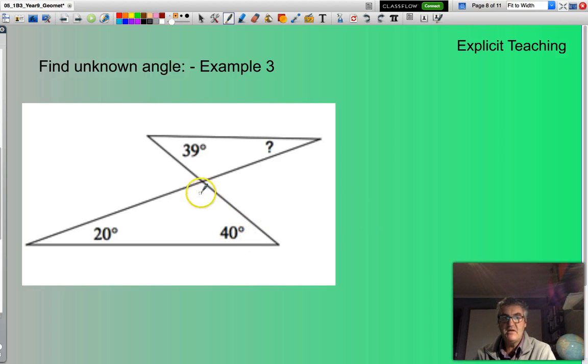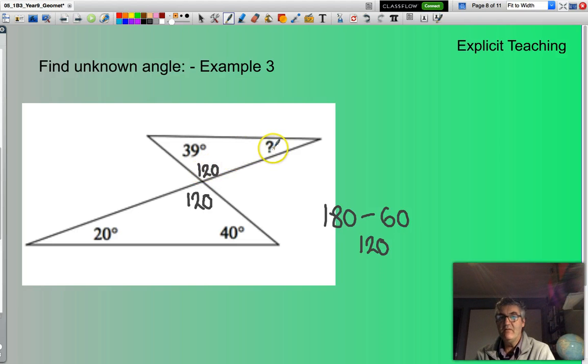So that missing angle there will be 180 minus the 60, in other words 120 degrees. So this angle here is 120 degrees. So this one here will be 120. Why? Well, they are vertically opposite. So that angle and that one are the same.